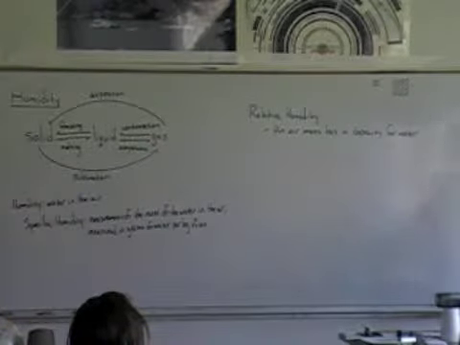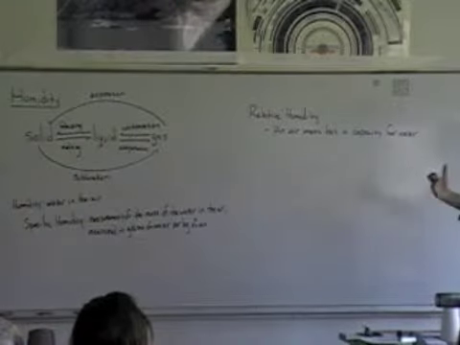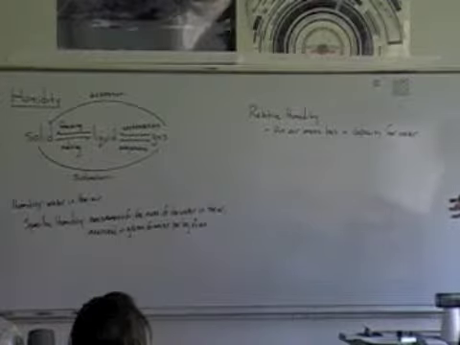When we measure relative humidity, we're basically saying what percentage of that capacity is being filled right now. Like if an air mass has some capacity for water, if the relative humidity is 50%, it means that the air is holding 50% of its max capacity.